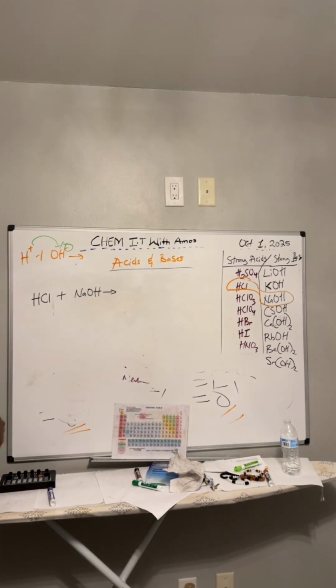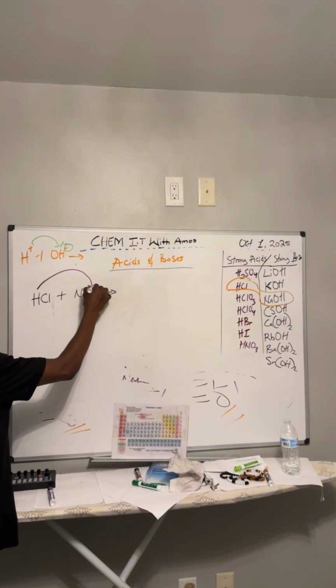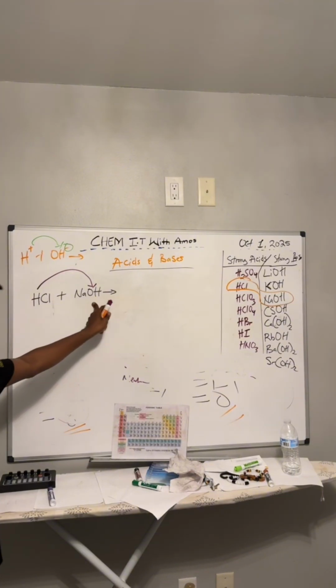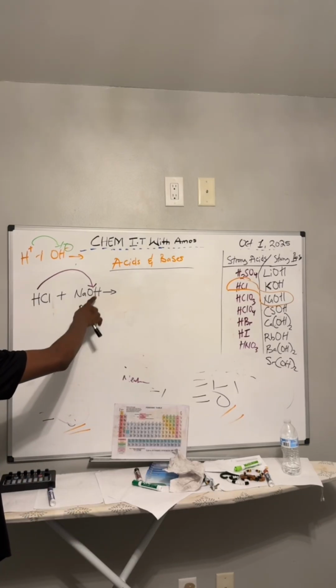So this acid is going to give this H to this base right here, and it accepts it. If it does that, what's the next step? You have one H on the base here, and you accept the one H from the acid.